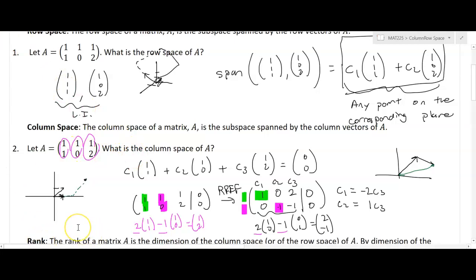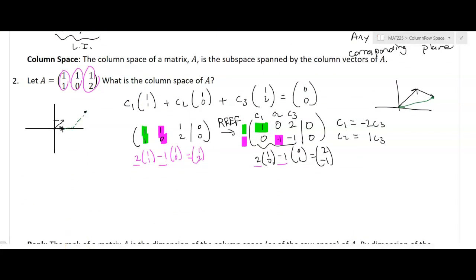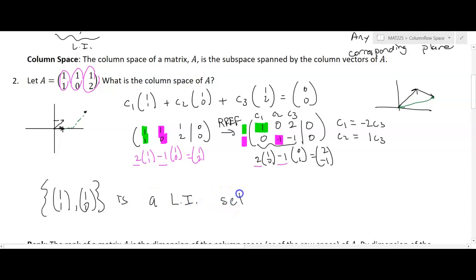And with that said, I'll make this conclusion. We'll say that 1, 1 and 1, 0 is a linearly independent set.